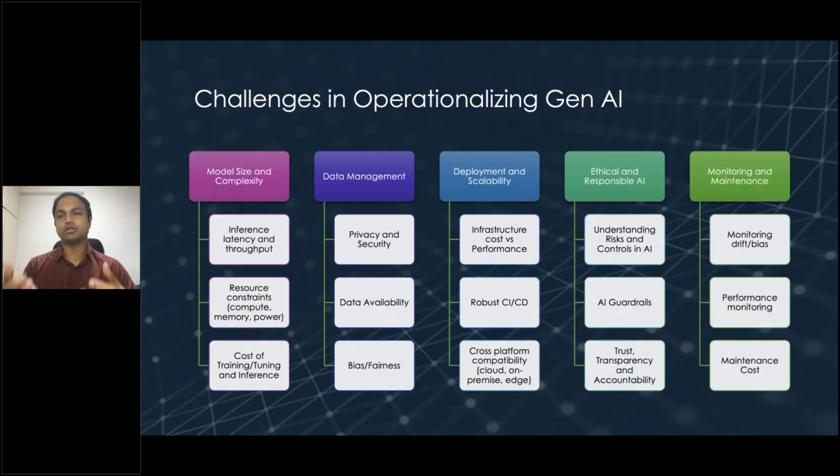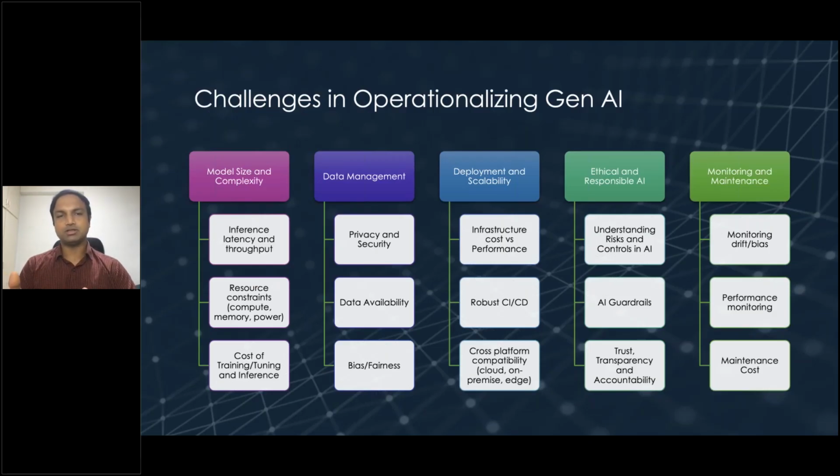So they have to be monitored for drift, for bias, for performance, for maintenance, for hallucination, for hate, abuse and profanity, prompt injection, jailbreaking, and a whole lot of other things which come in the purview of ethical and responsible AI. So you need to put some risk and control practices there.